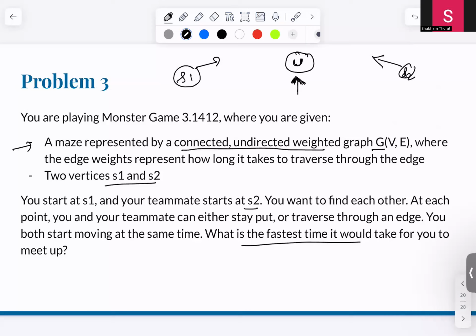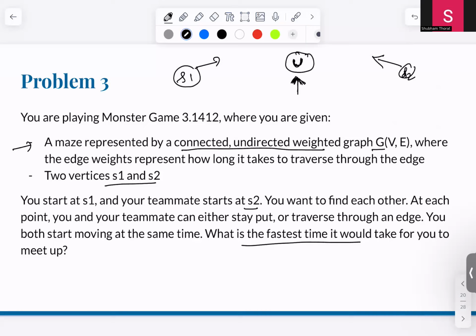So one way could be that you run Dijkstra's from S1, you run Dijkstra's from S2, and then you check for each and every possible U what is the time that each of you is taking to get there.